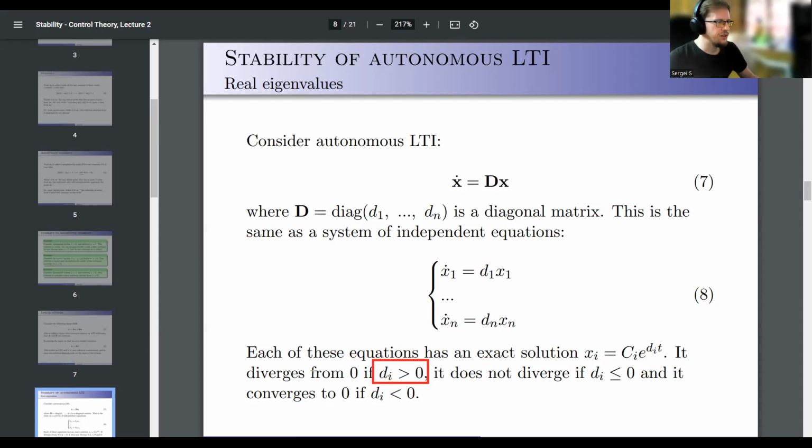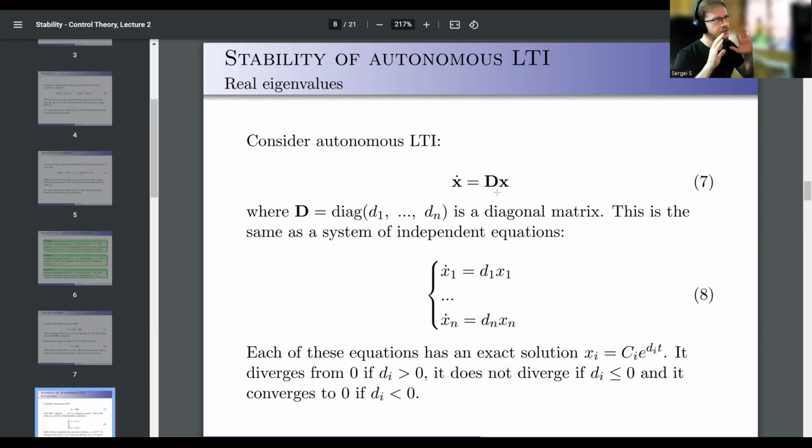D bigger than 1, it diverges, so unstable. D less than 1, less than 0, it does not diverge. And if it is strictly less than 0, it converges. Okay, so from this we can argue about stability of the system.